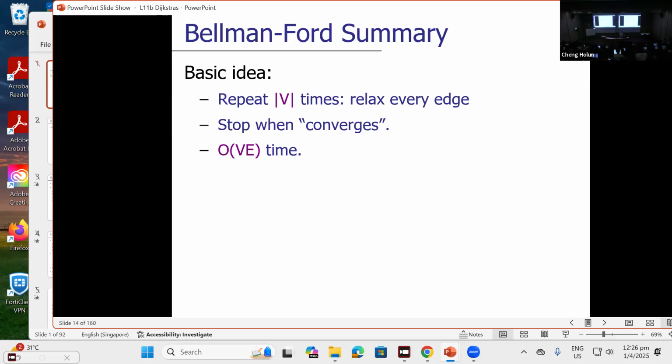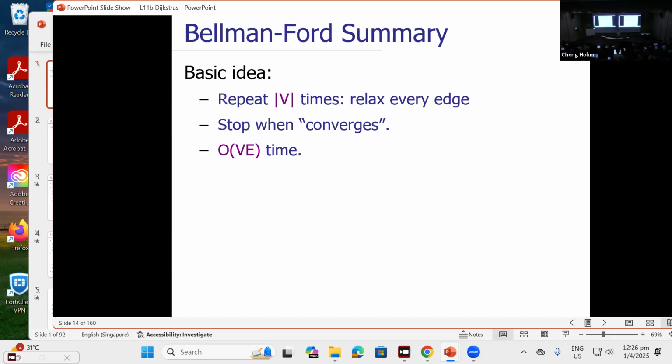So the Bellman-Ford summary from last week is that it is very bad. It's V times E, and for some graphs E is equal to V squared. For the number of edges, the most can be V squared. Why? Because E can be, mathematically, V choose 2, every 2 vertices, that is combinatorics.